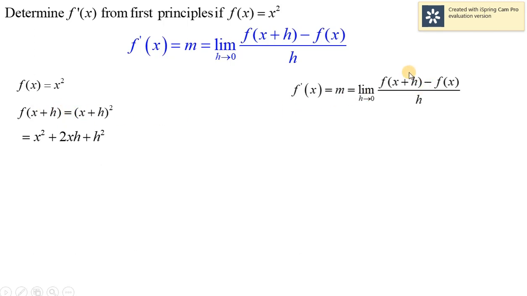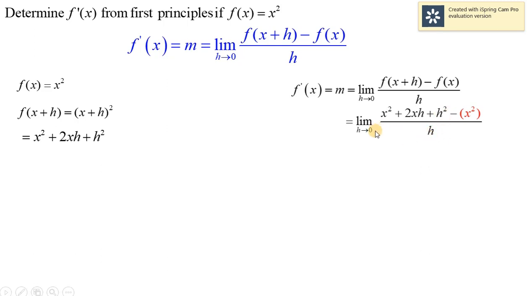If I go back to the formula, it means I know this portion here. I simply take whatever this value is and substitute it into the formula, which means now I am looking at the limit as h approaches 0 of f of x plus h, which is this portion here, minus f of x, which you can think of as being the question, divided by h.